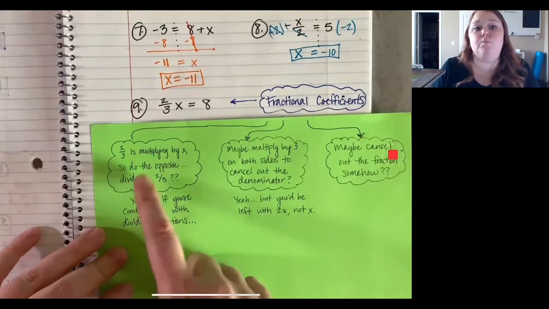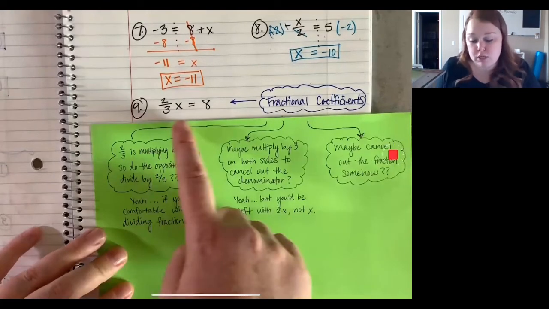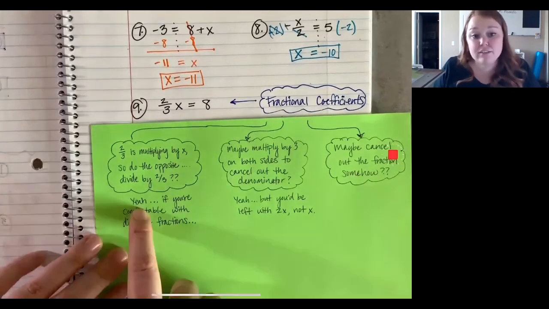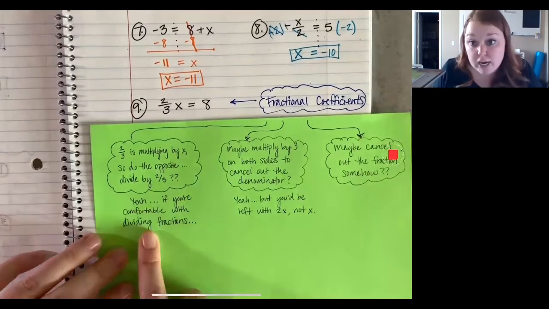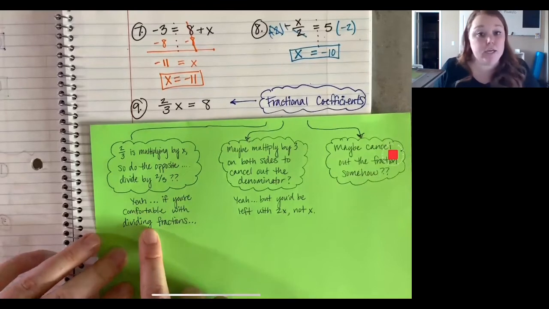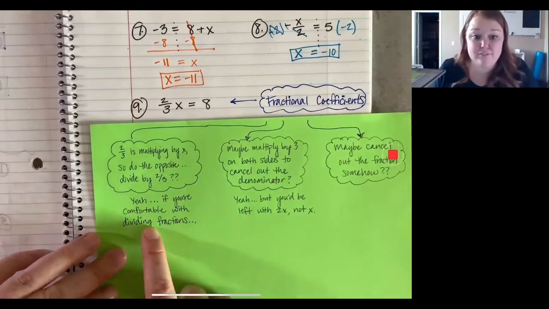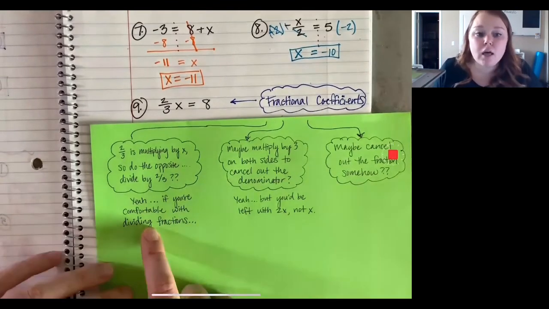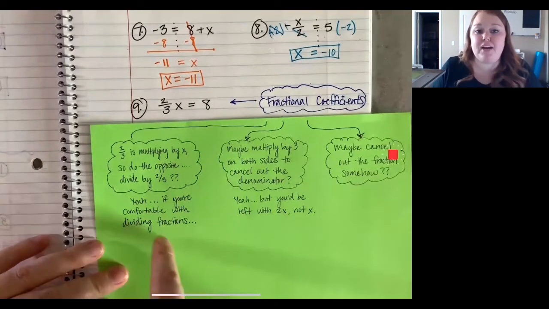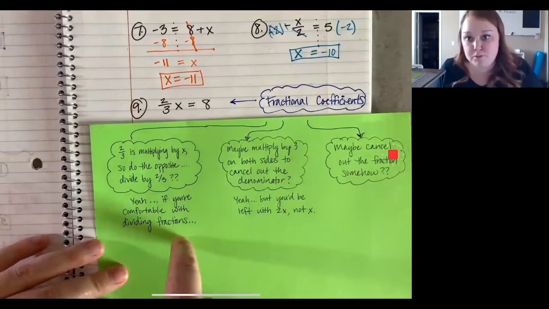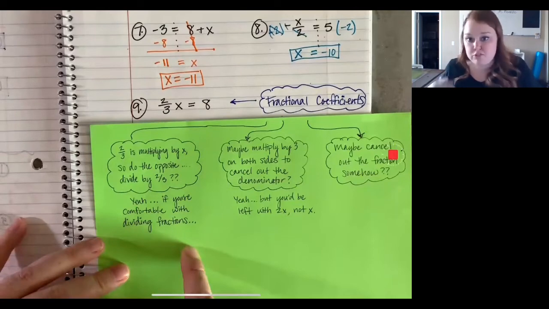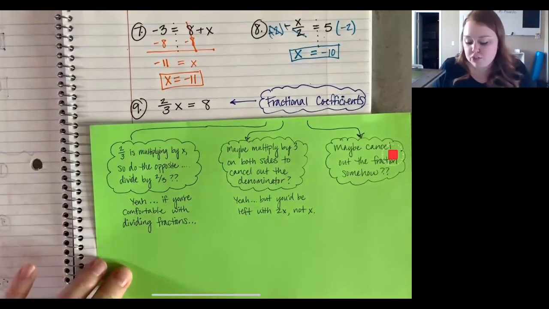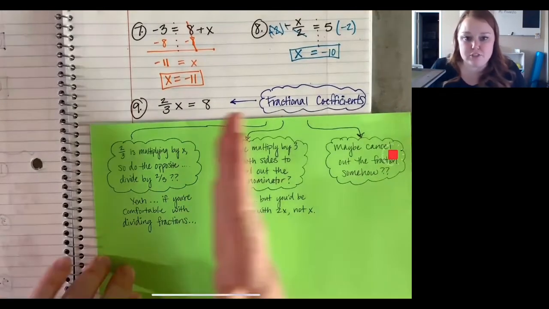You could divide both sides by 2/3, if you're comfortable dividing fractions. I know, because I taught 7th grade for 7 years, that you guys typically aren't comfortable with dividing fractions. You have to keep, change, flip, and all that stuff, okay?